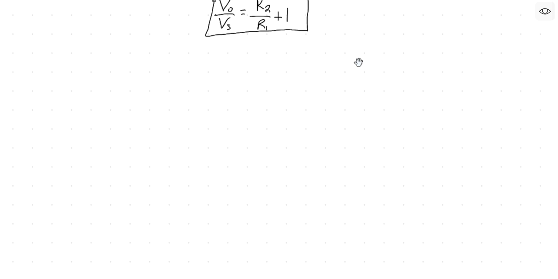As far as cascading the op amp stages together, here's some shorthand that might be helpful. Let's say that this is one entire stage. We'll call that stage A, and then here's another entire stage B, and we'll go even more, another entire stage C, right?